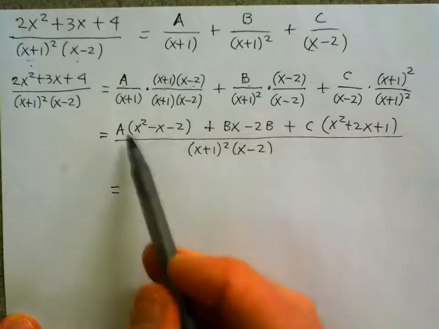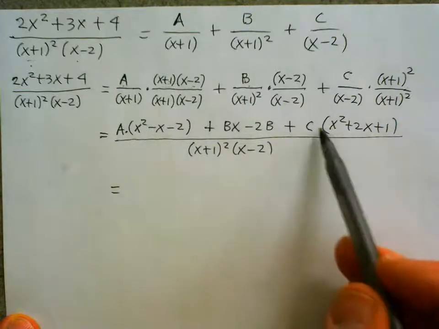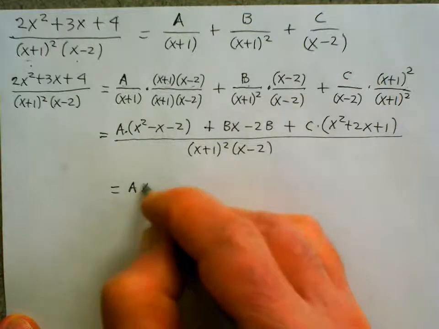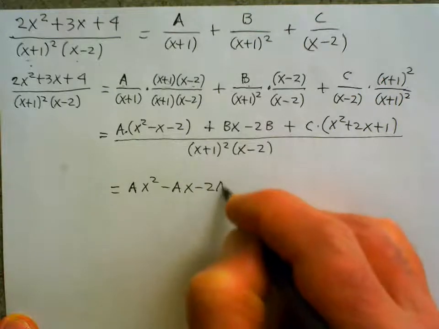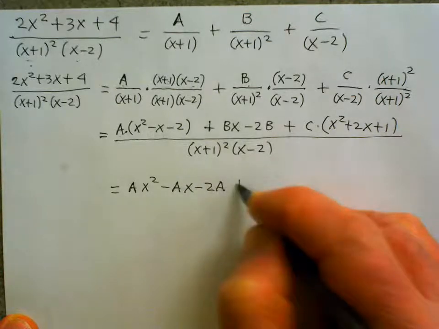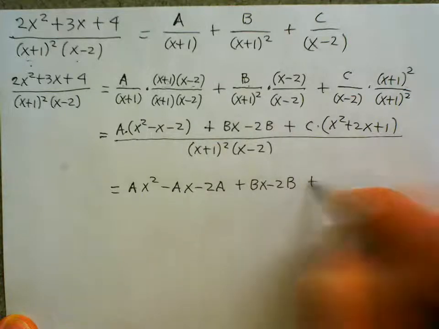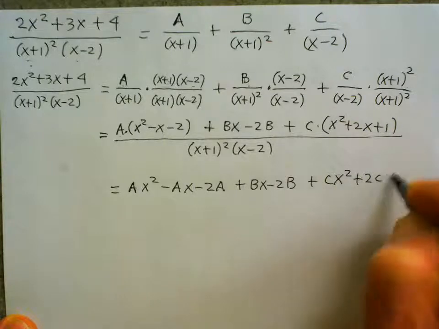Okay, let's distribute multiplication by a in this product, and then also distribute multiplication by c. So we'll get ax squared minus ax minus 2a, and then plus bx minus 2b, and then plus cx squared plus 2cx plus c.